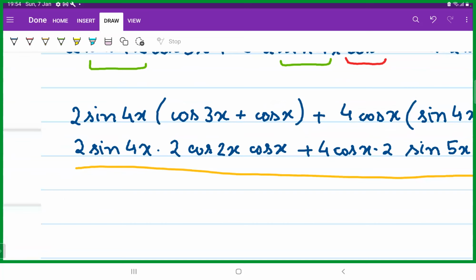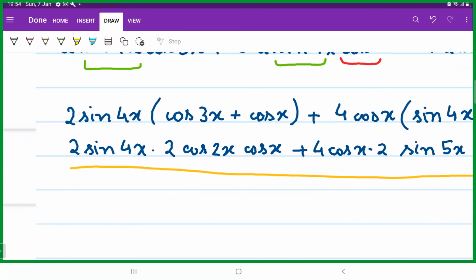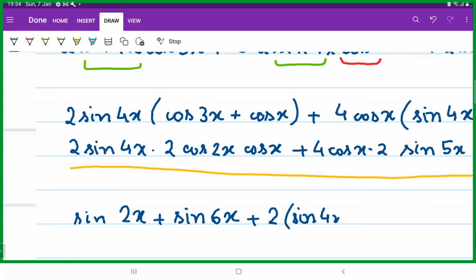Now we jump into doing something with the denominator. I am arranging it as sine 2x plus sine 6x, plus 2 times sine 4x plus sine 6x.